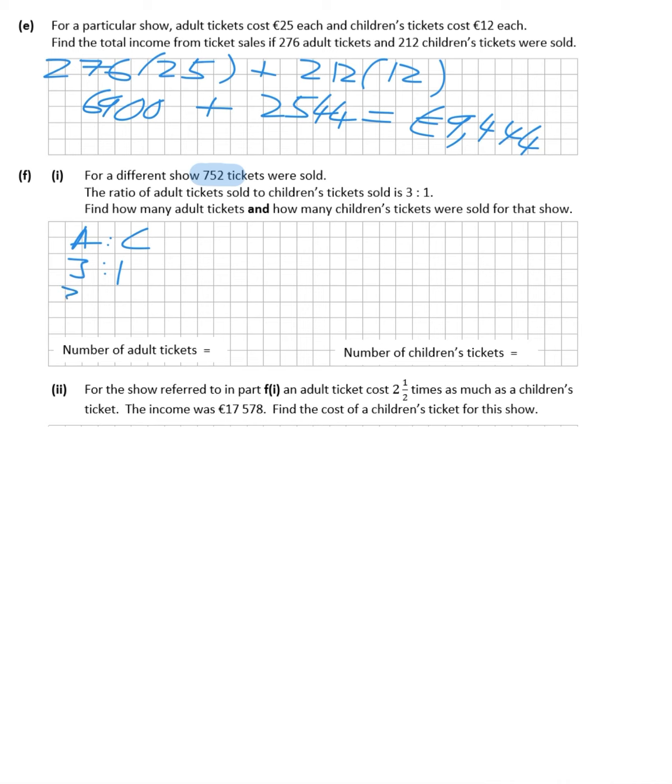So that would be 3/4 adults, 1/4 children. So just need to do 3/4 times 752 and 1/4 times 752. And then that'll get us 188 and 564.